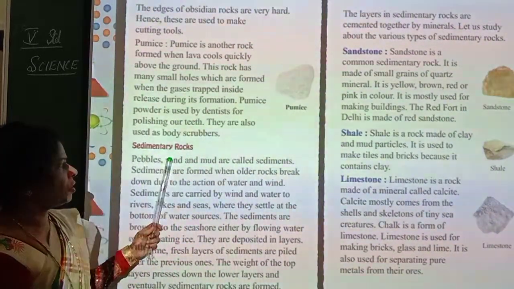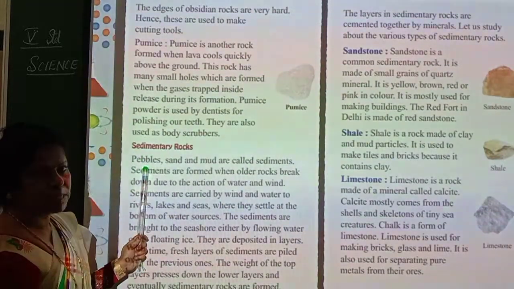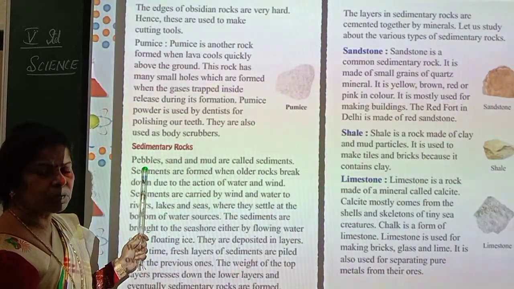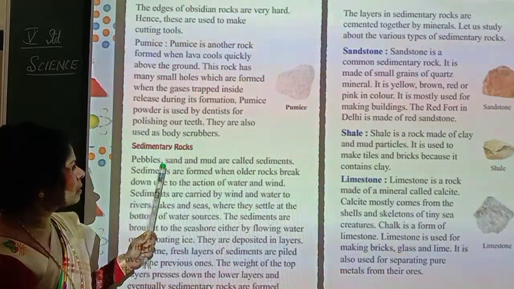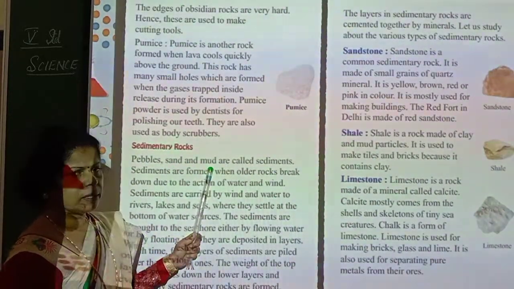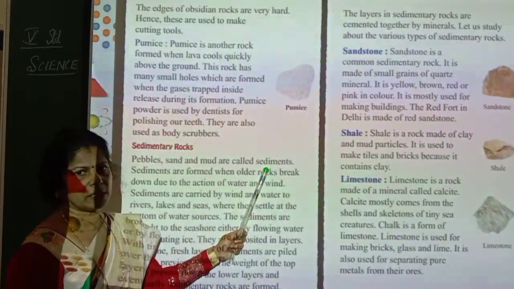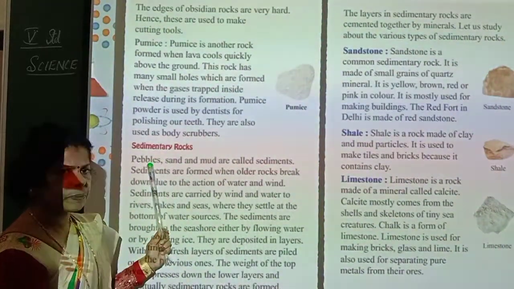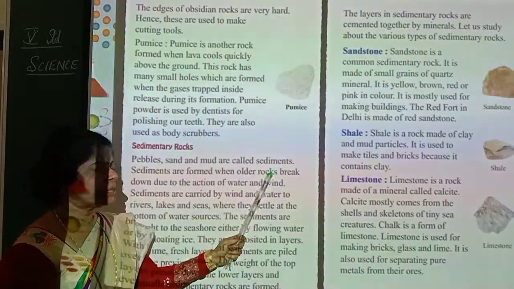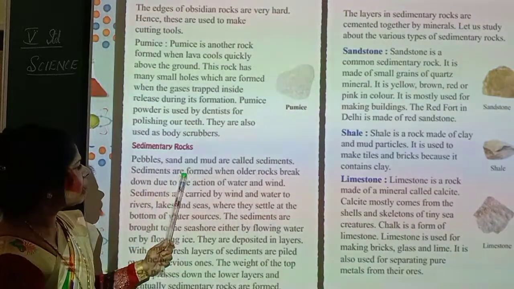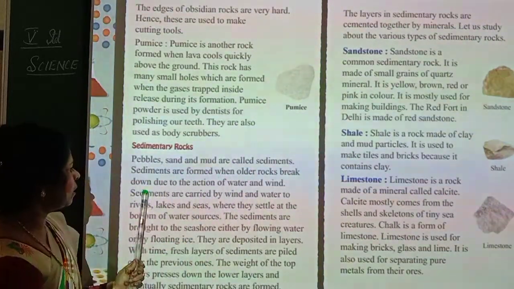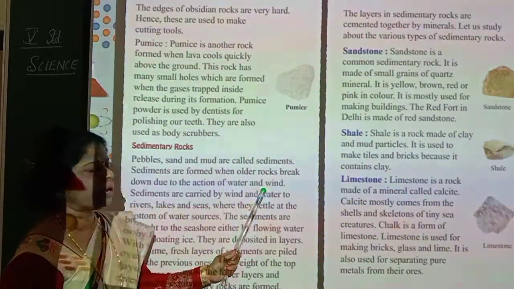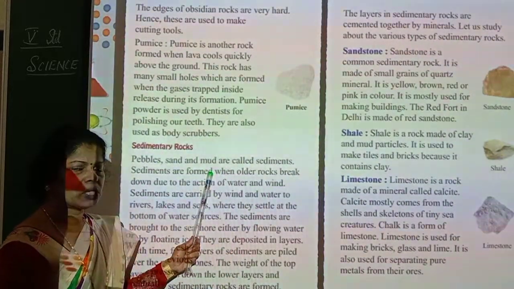Coming to sedimentary rocks. Pebbles means small, smooth stones. Pebbles, sand and mud are called sediments. Sediments are formed when older rocks break down due to the action of water and wind. So how are sediments formed?